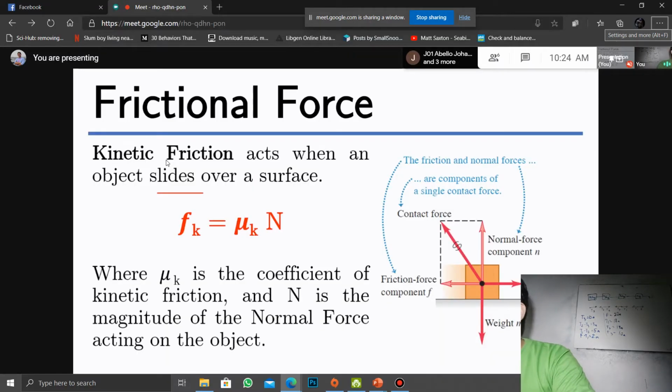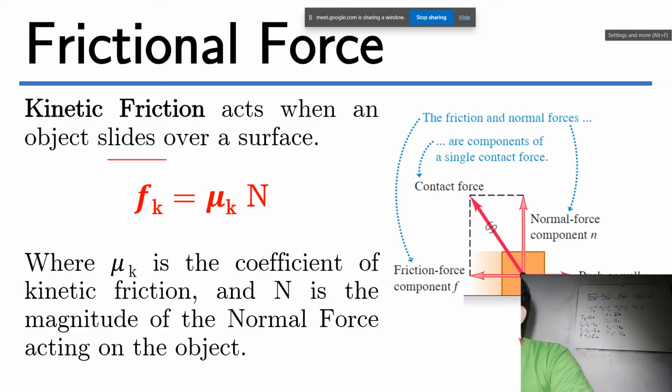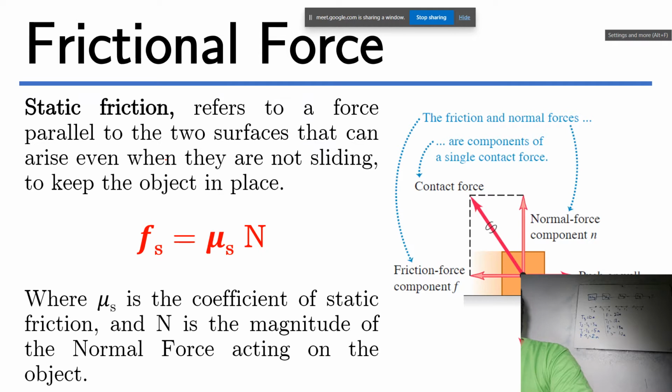Mu k is the coefficient of kinetic friction, and N is the magnitude of the normal force acting on the object. While static friction refers to a force parallel to the two surfaces that can arise even when they are not sliding to keep the object in place. No? Mu s is the coefficient of static friction and N is the magnitude of the normal force acting on the object.